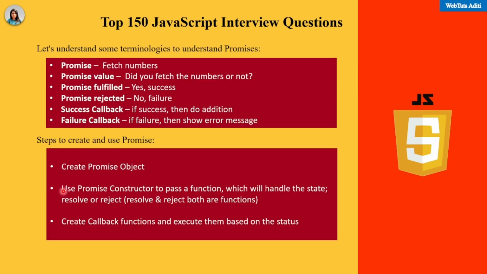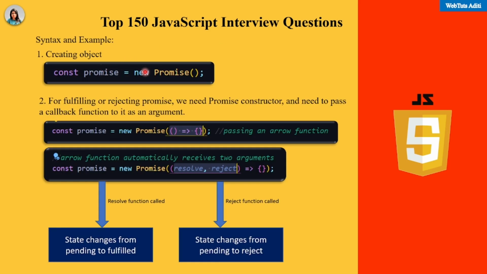Now the next step is to use the promise constructor to pass a function which will handle the state, that is resolve or reject. Here you can see resolve and reject, both functions. In this promise constructor you need to pass a function, so it accepts a function as an argument. So I'm passing here an arrow function.